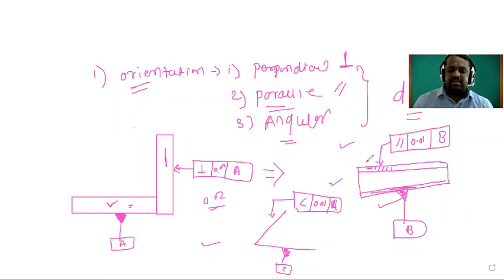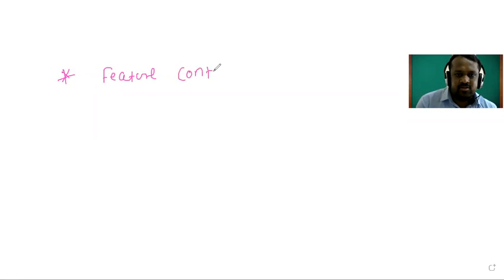Okay, these are the geometrical tolerances. There are 14 symbols, so first we will write down all the symbols. But before that, let's see the feature control frame. Feature control frame means how they give all the dimensions, tolerances and symbols in one box.